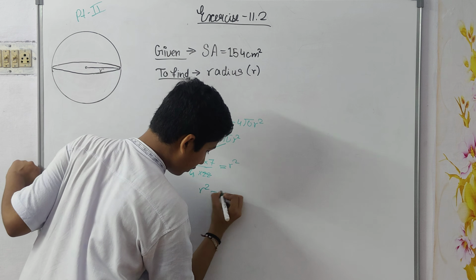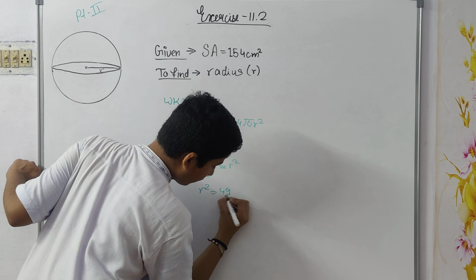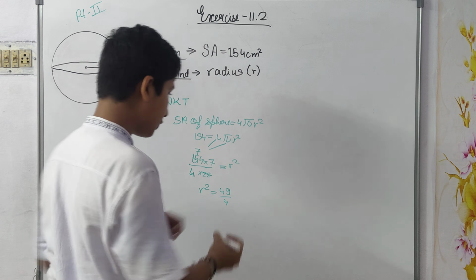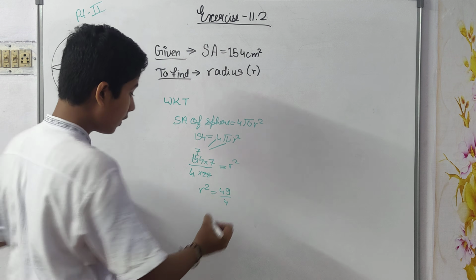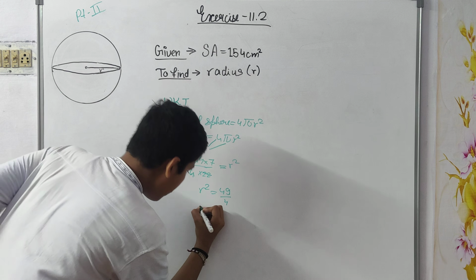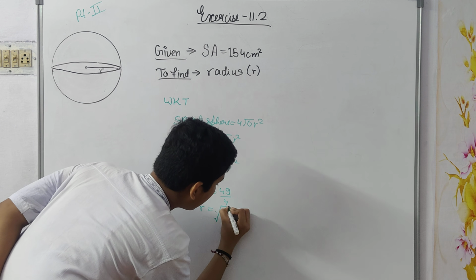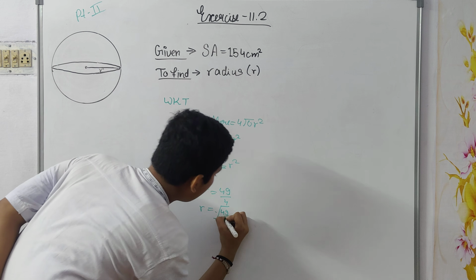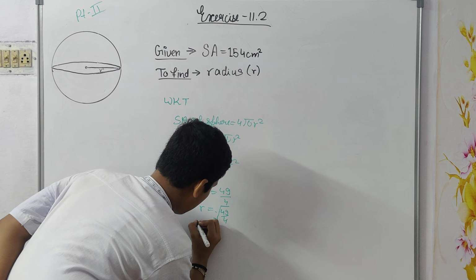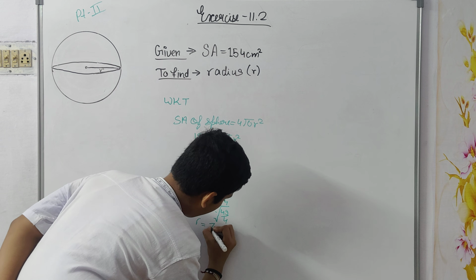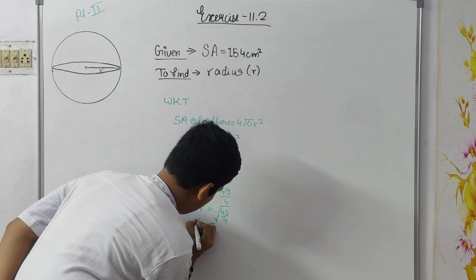R square equals 49 by 4. Now you might have understood, 49 is a perfect square, 4 is also a perfect square. So r will be square root of 49 by 4. Radius equals 7 by 2.